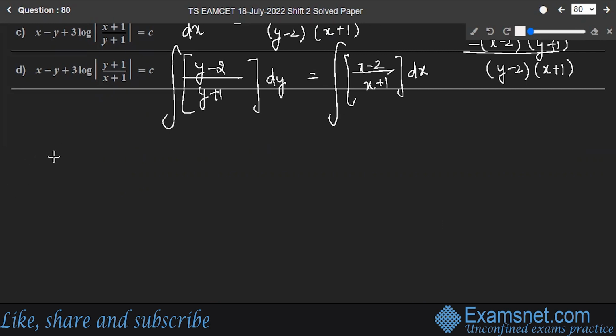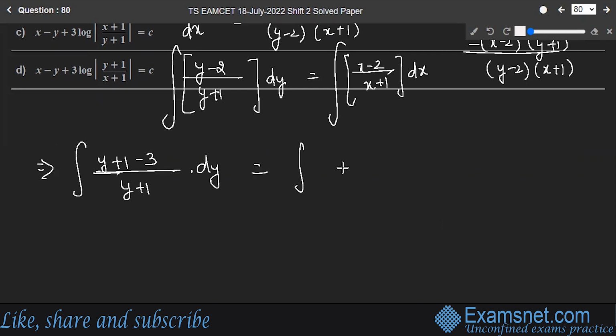So this can be written as the integral of (y plus 1 minus 3) upon (y plus 1) dy is equal to the integral of (x plus 1 minus 3) upon (x plus 1) dx.